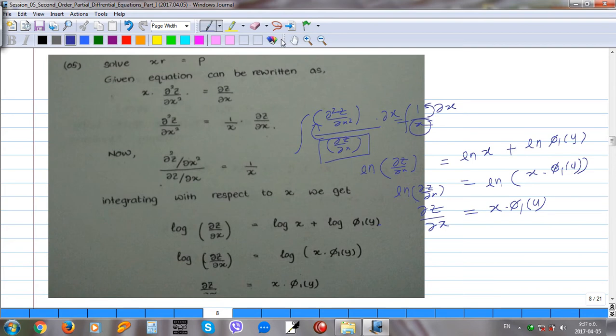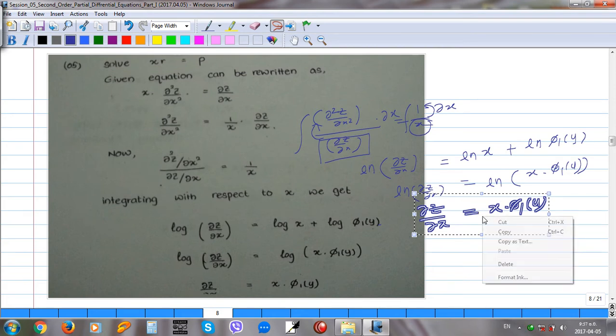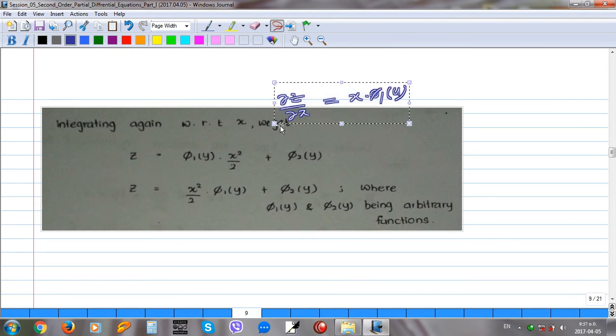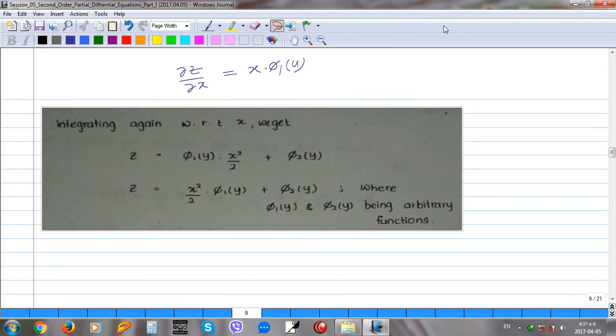So then this one we can integrate with respect to x.